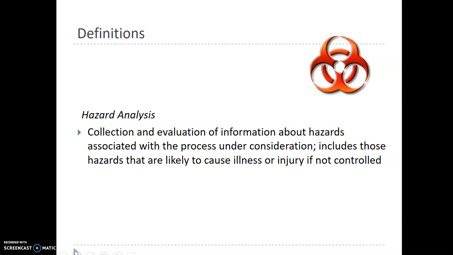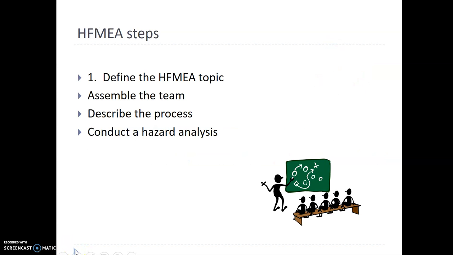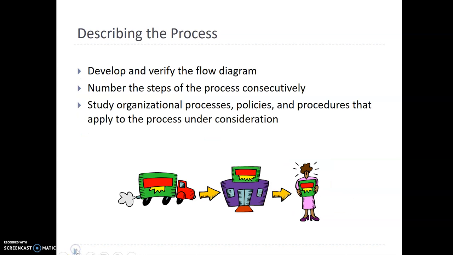A hazard analysis is a collection and evaluation of the information about any hazards that are associated with the process and include those that are most likely to cause the illness or injury if they're not controlled. You must assemble a team, describe the process, and conduct a hazard analysis.